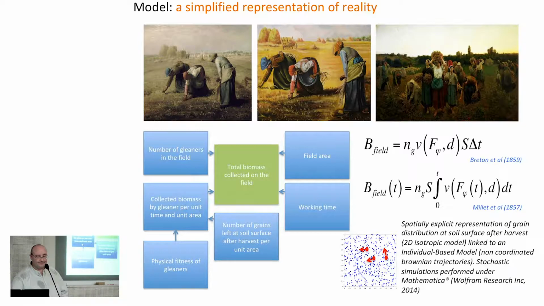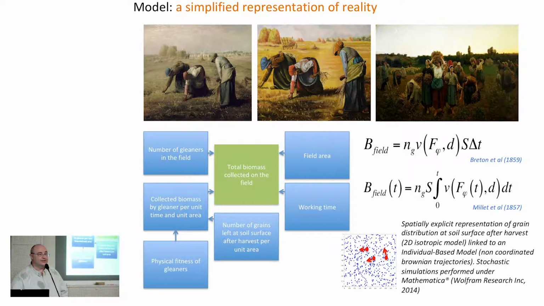It depends on the field area. It depends on the working time during the day, and on the collected biomass by gleaner per unit time and unit area. And this depends on the physical fitness of each of the ladies and the number of grains left at soil surface after harvest, per unit area.